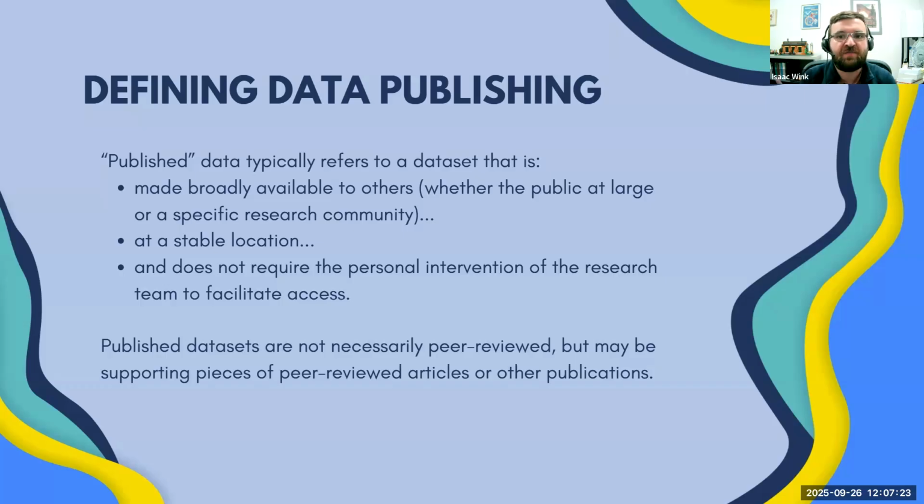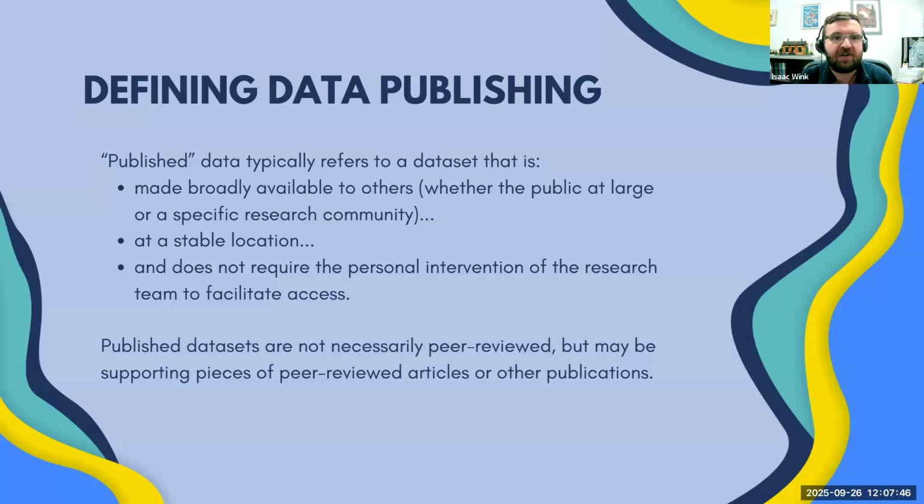Oftentimes, researchers, if they change institutions, may not be accessible at that same contact information as what they originally listed. The data set may have changed hands, or there may be someone else who's in charge of stewarding it now. So that data, if it's not made available at a stable location, can often be lost, or there might be issues with others trying to retrieve that information.